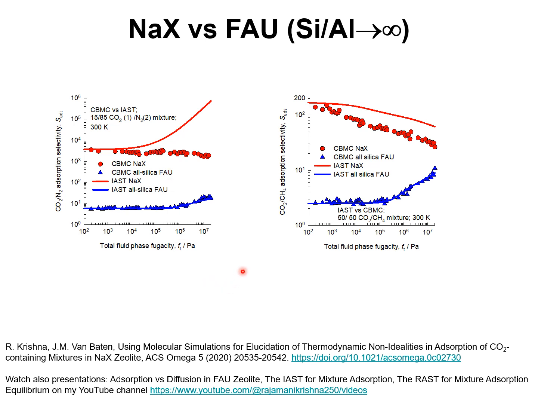Exactly the same scenario holds for CO2 methane adsorption. For 50-50 mixtures, the adsorption selectivity is plotted as a function of the total fluid phase fugacity. We note that the IAST calculations are in excellent agreement with the CBMC data for all silica FAU containing no extra framework cations, whereas for NaX zeolite with a silicon to aluminum ratio 1.23, the IAST severely overestimates the adsorption selectivity.